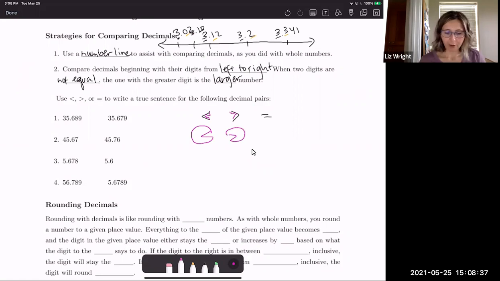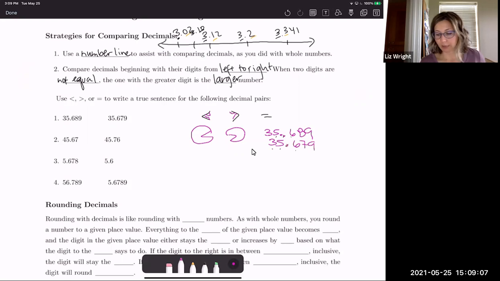Okay, we've got 35.689 and 35.679. If you are comparing just from left to right, we're looking at the digits and we're also looking at where the decimal point is. Right now the decimal points line up perfectly. I've seen people line up the numbers vertically, 35.689 and then 35.679. 3 and 3 are the same, 5 and 5 are the same, 6 and 6 are the same.